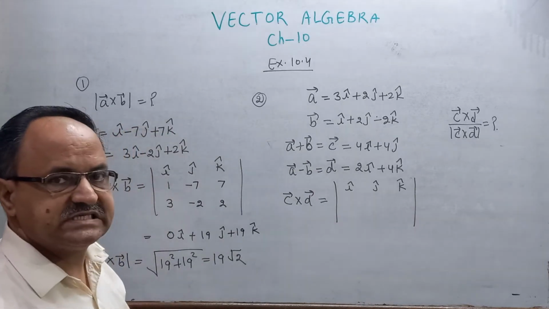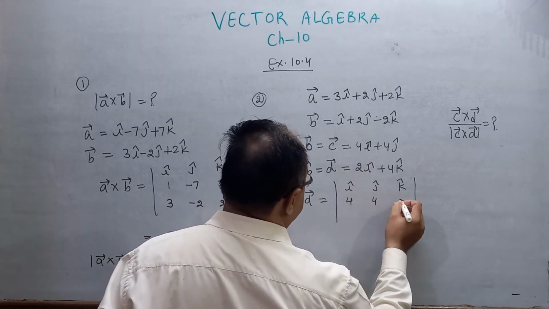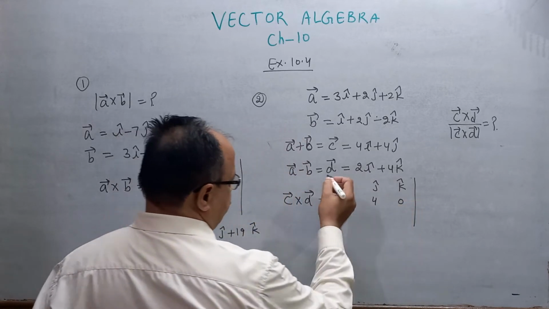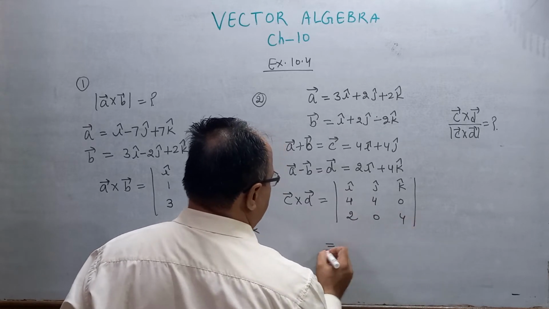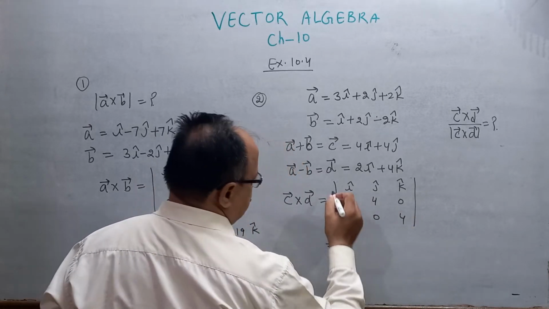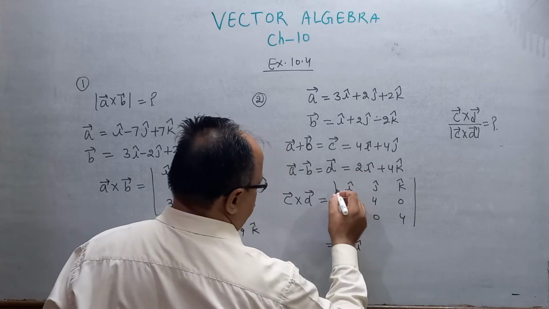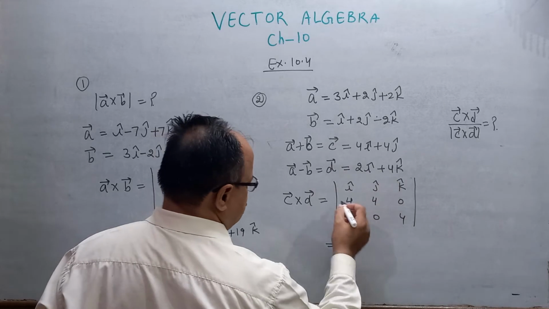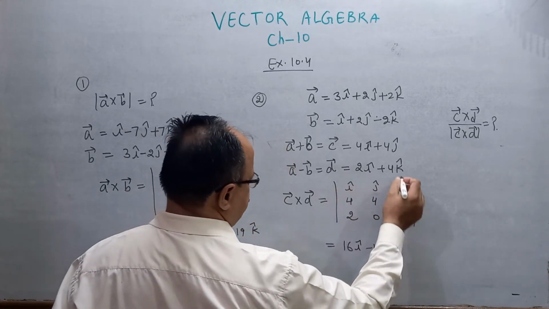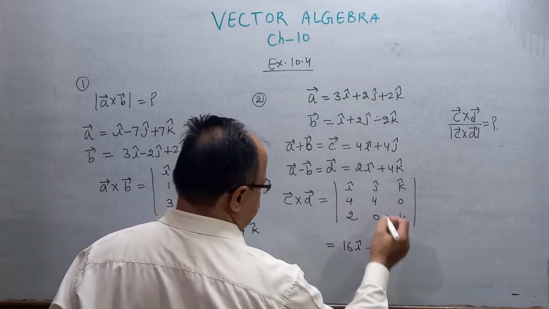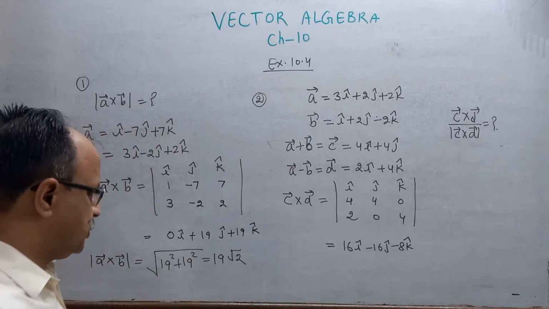Scalar components of vector C are 4, 4, 0, and the scalar components of vector D follow. Now expand by R1. First row, first column: 16 I cap. First row, second column: minus 16 J cap. First row, third column: 0 minus 8 K cap. This is C cross D.